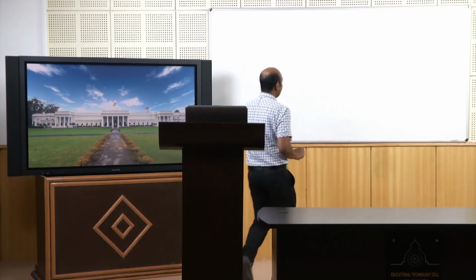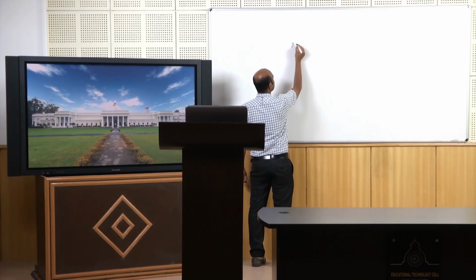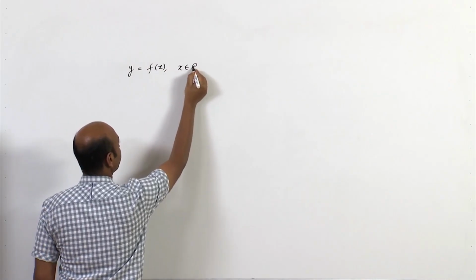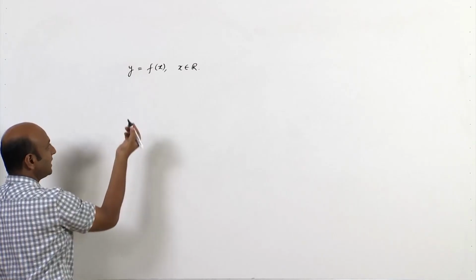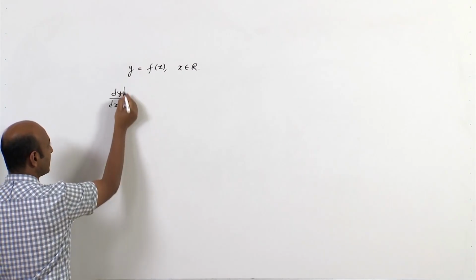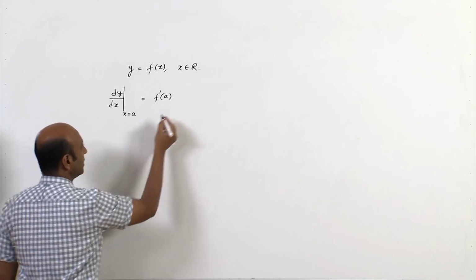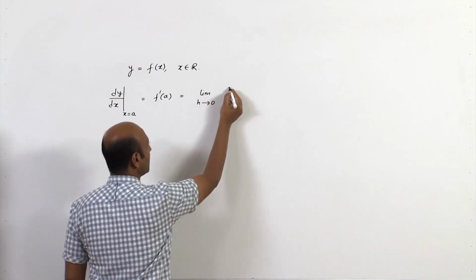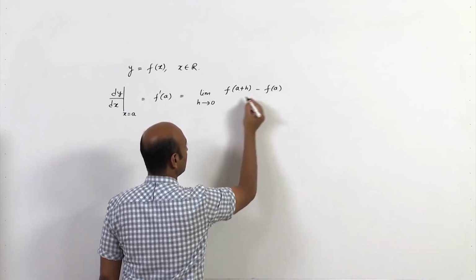So we start with one variable problems, function of one variable. We know that if you have a function of one variable, say y equals f(x), where x belongs to R, then if the function is differentiable at a point, say x equal to a, then we say that dy by dx at x equals a, or f'(a), is equal to limit h tending to 0 of f(a plus h) minus f(a) upon h.